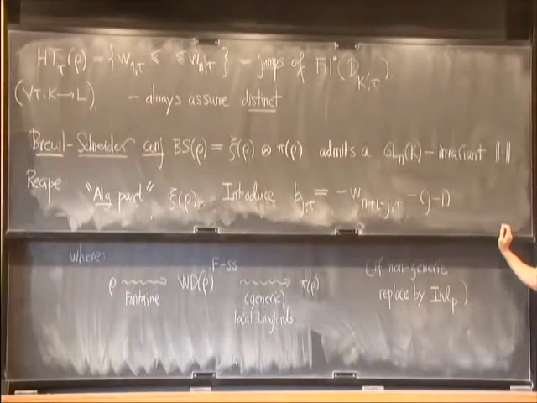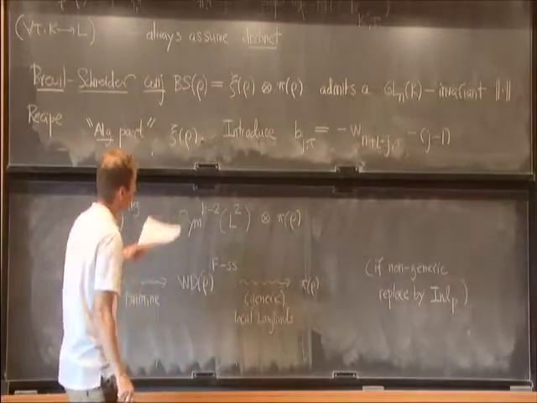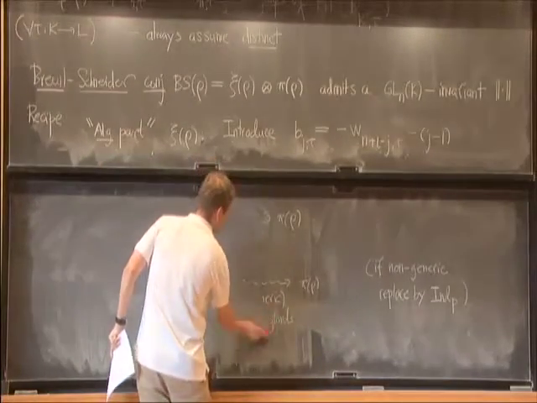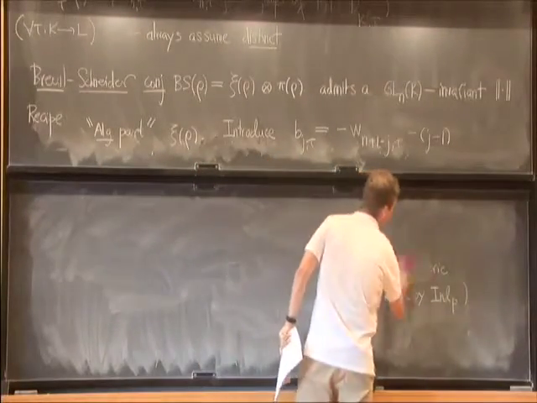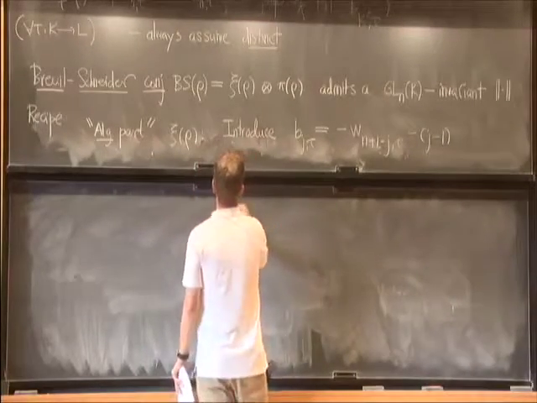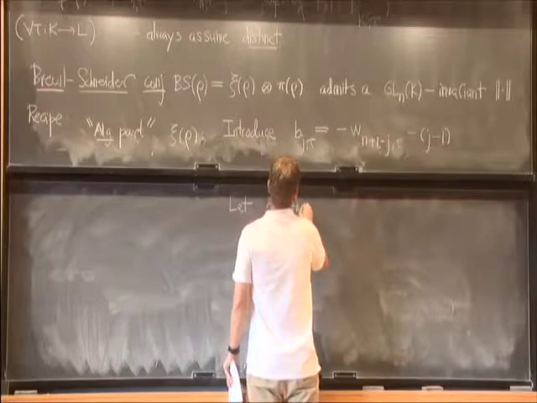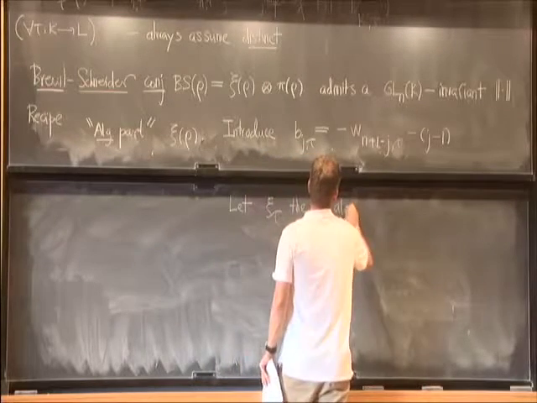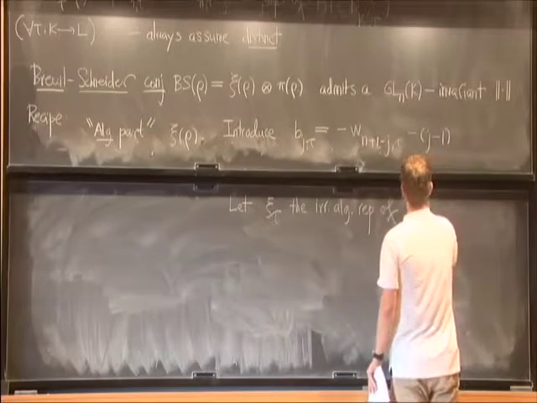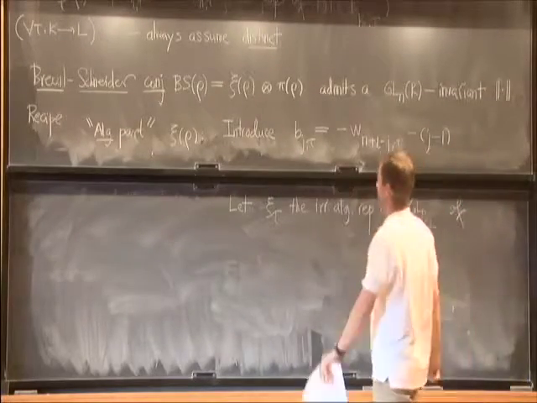Right? So since you assume that the Hodge-Tate weights are distinct, this really defines some dominant weight. And you take the corresponding irreducible algebraic representation. So you define psi_tau to be the irreducible algebraic representation of GL_n over L of that highest weight.